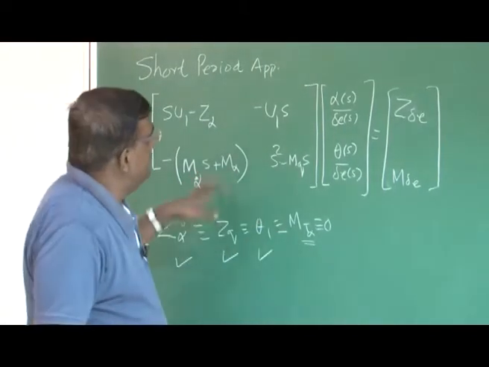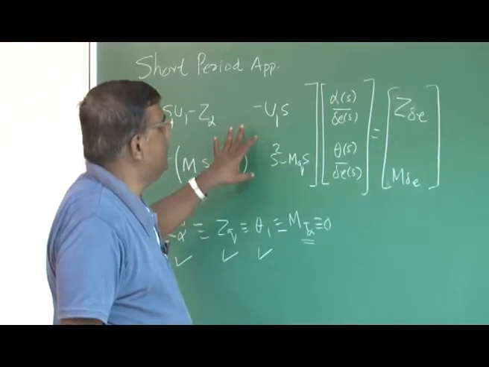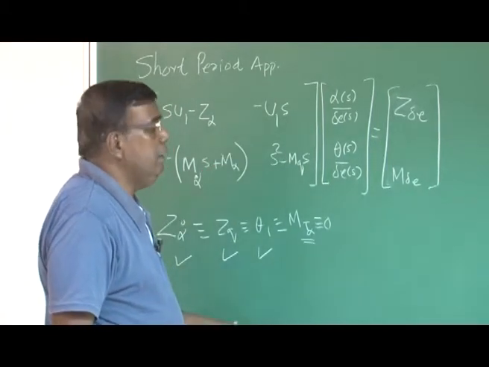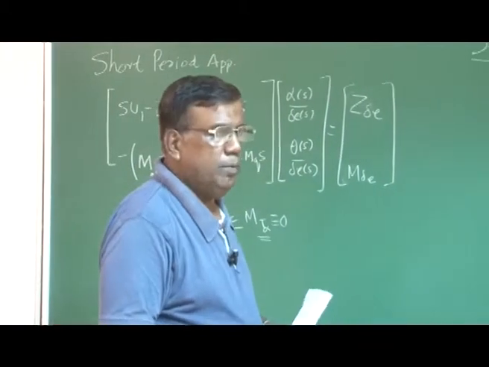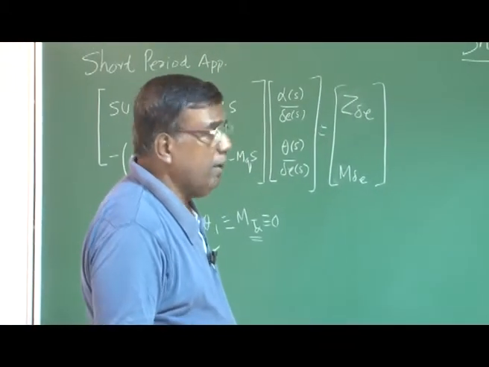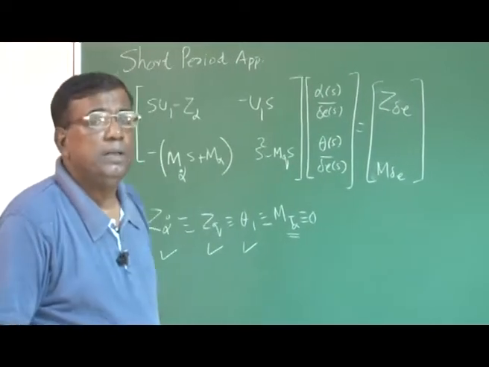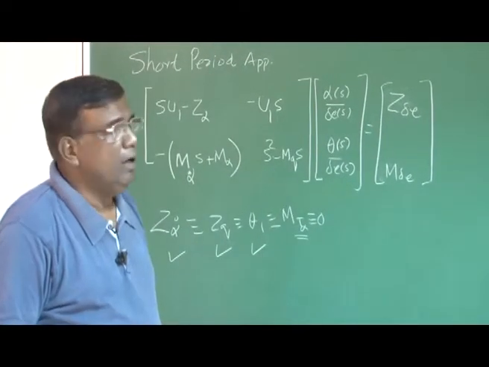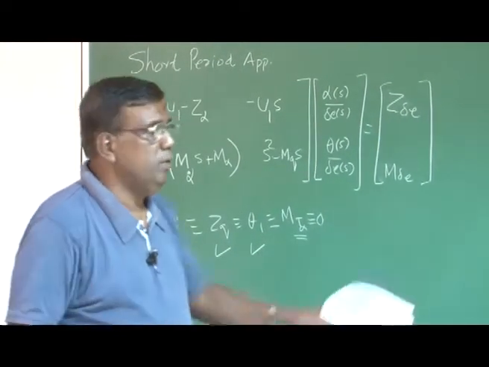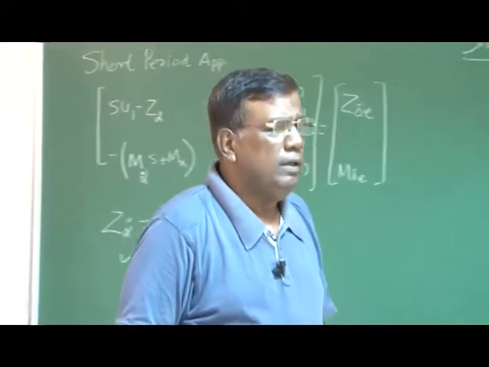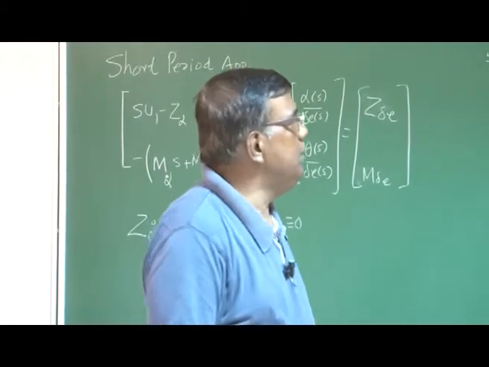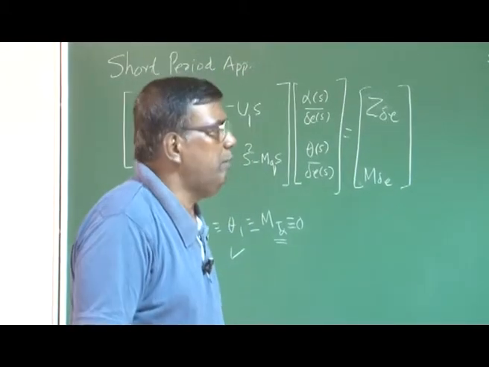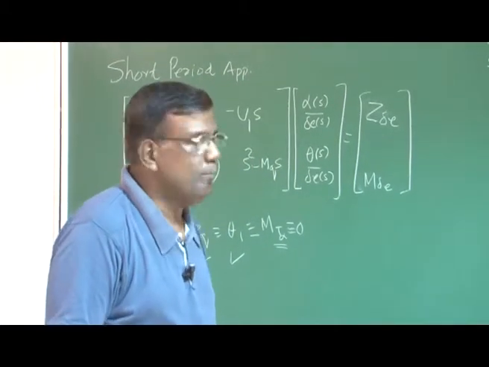So, this becomes a very, very simple matrix to handle, and from there we found out the omega n short period and the damping ratio through this approximation, then we compared with the exact solution, and we found for this airplane values are fairly close, and we say generally short period approximation is a good approximation.